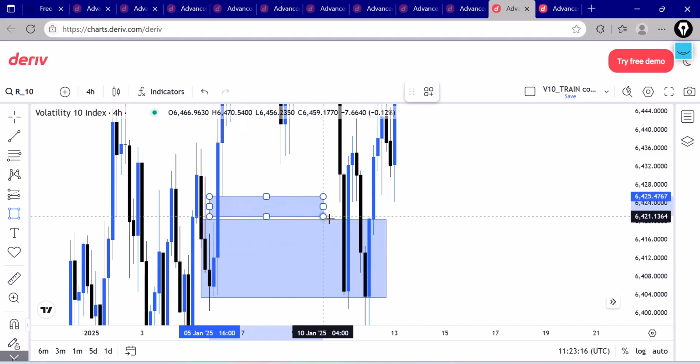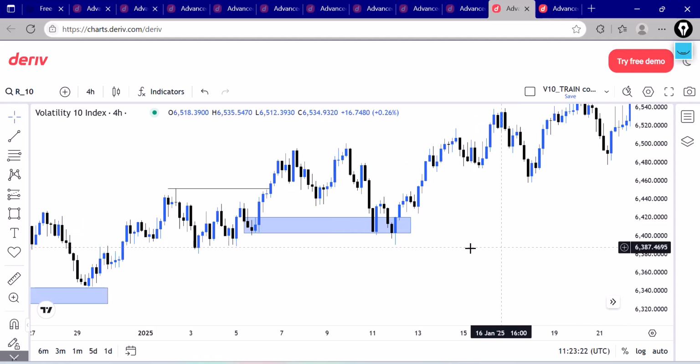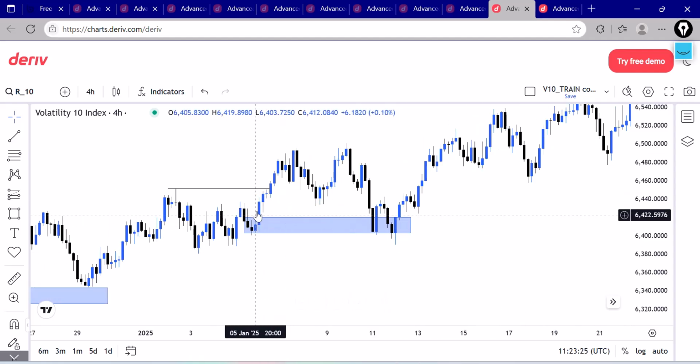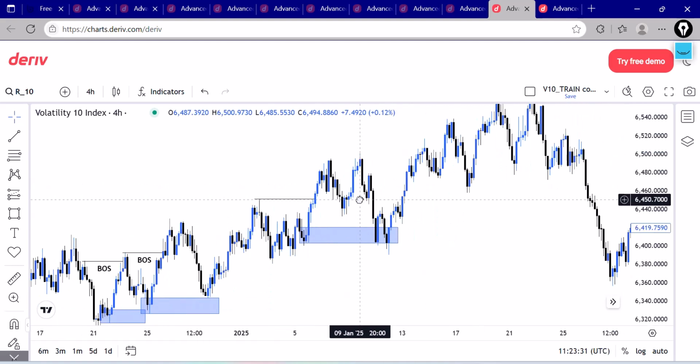That space in between them is known as imbalance, market inefficiency, or fair value gap. So we have an impulsive move, the last down candle, a break of structure, and an imbalance. So this is a valid demand zone.